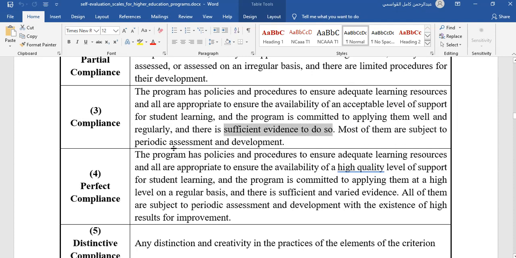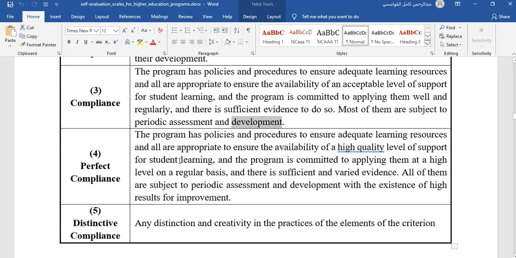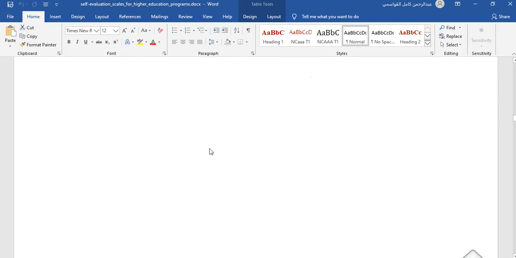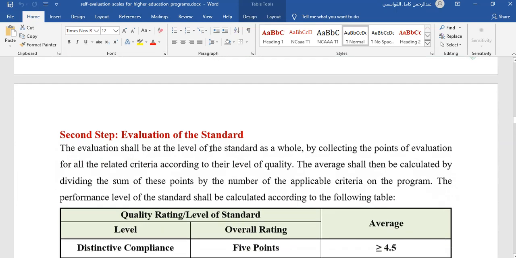Most of them we are using for assessment and development. So I have availability, applying, regular, the keyword evidence, and development. So my practices fit with level number 3 or maybe higher. This is the second example.